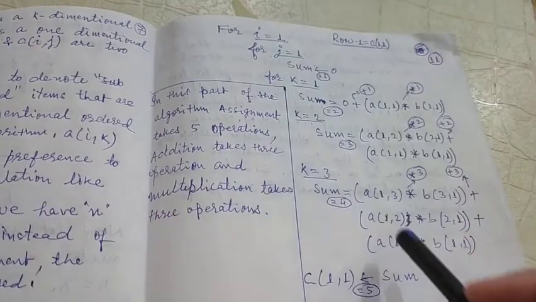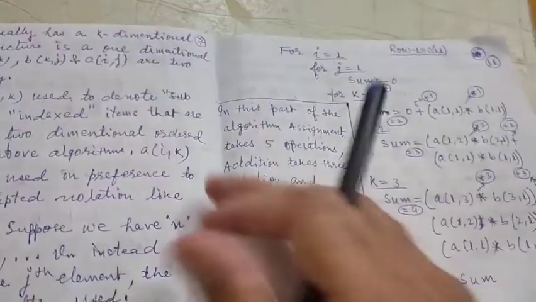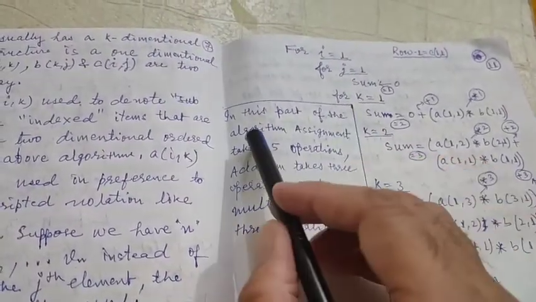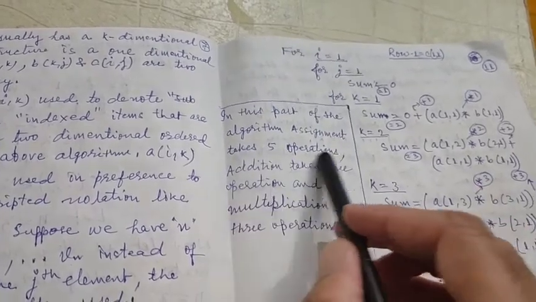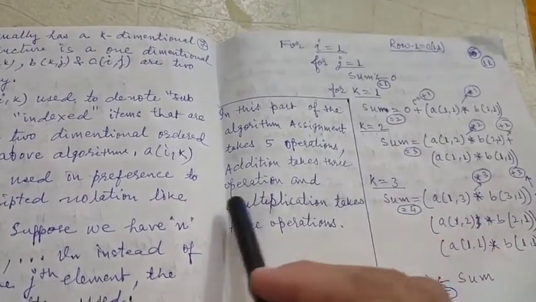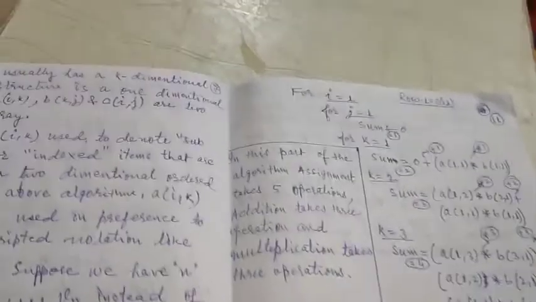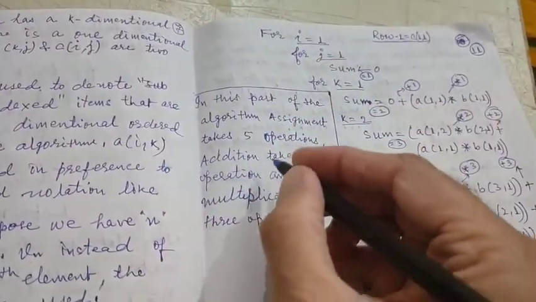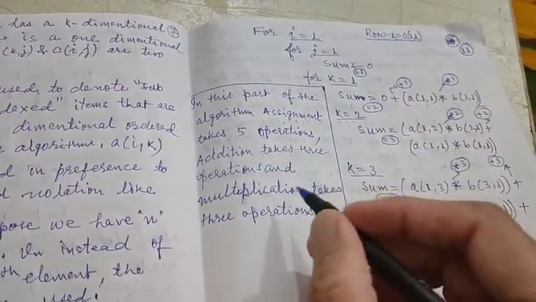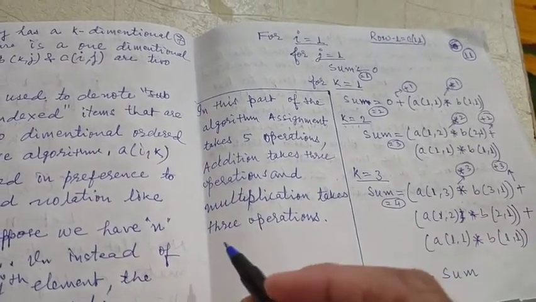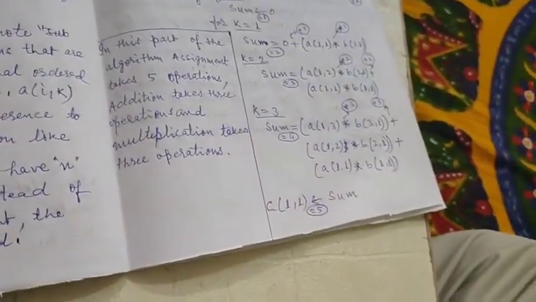So in the first C11, in this part of the algorithm, assignments take 5 operations, addition takes 3 operations, and multiplication takes 3 operations.